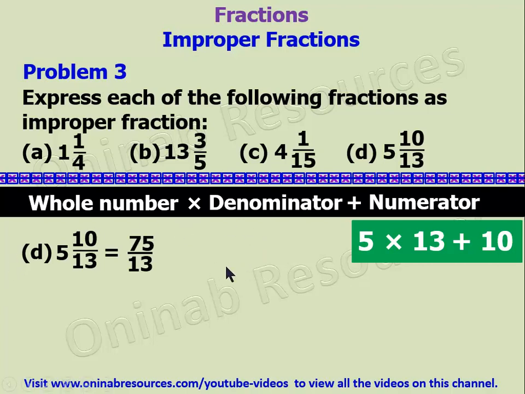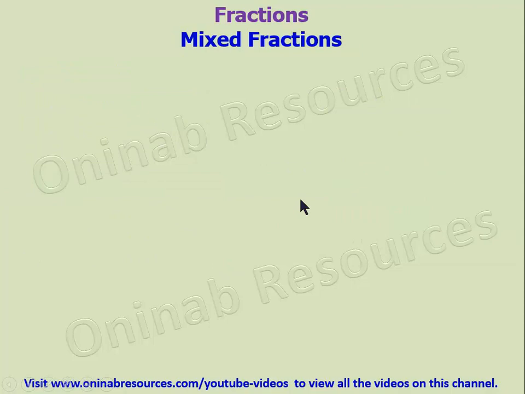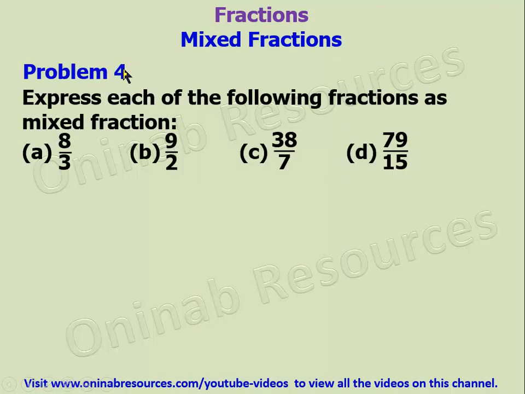So we go to the next problem, and the next problem is on mixed fractions, and from the mixed fractions we will be taking problem 4. Problem 4: express each of the following fractions as a mixed fraction.